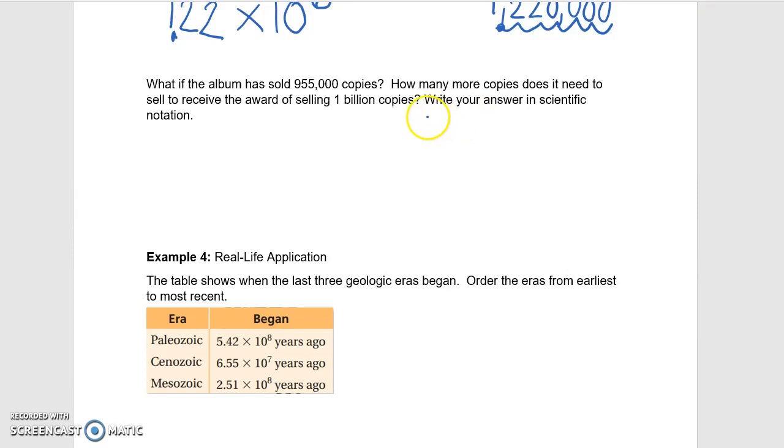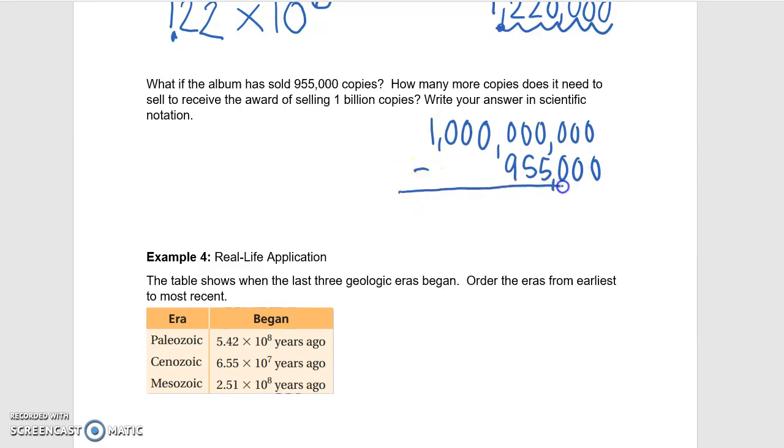So again, we need to subtract 1 billion minus 955,000. And I can't subtract here. I'm going to do some borrowing.